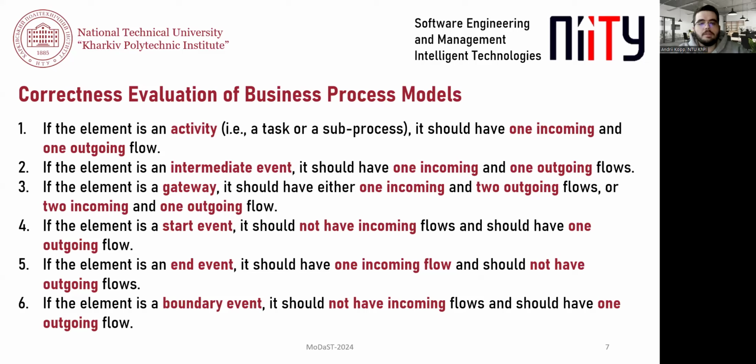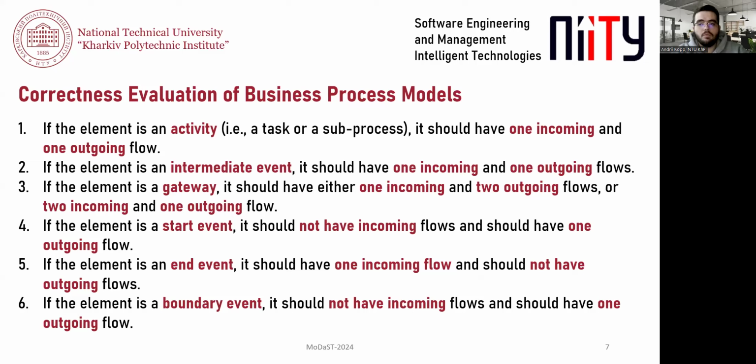If the element is a start event, it shouldn't have incoming flows and should have one outgoing flow, the fourth rule says. Fifth rule says if the element is an end event, it should have one incoming flow and shouldn't have any outgoing flows.